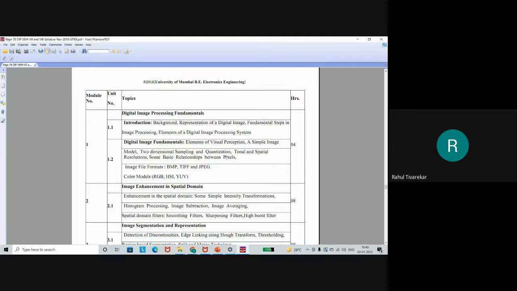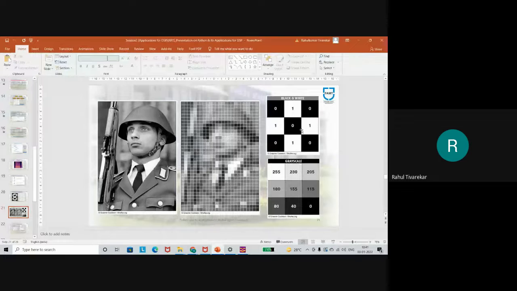And the relationships between neighboring pixels. Neighboring pixels means, as I showed you, the pixel at the top left corner is located at the origin, that is 0, 0. The pixel on the right side of that is called the immediate neighbor of that pixel. So as you can see here, this is the center pixel.